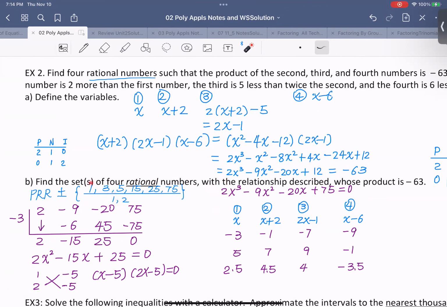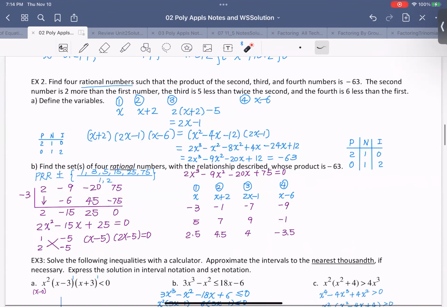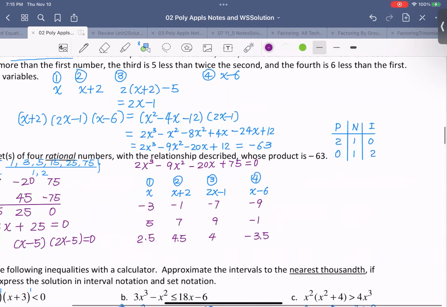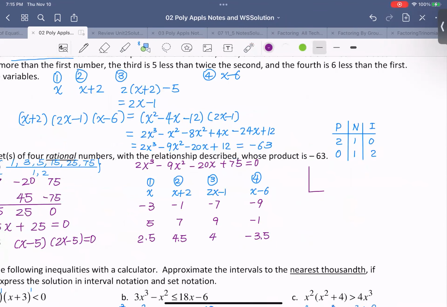And then all those ratios could be the possible roots. But you don't know which one, so you have to try each individual one. So here, for example, we can try 1 first. So let's see. You do 2, negative 9, negative 20, 75.